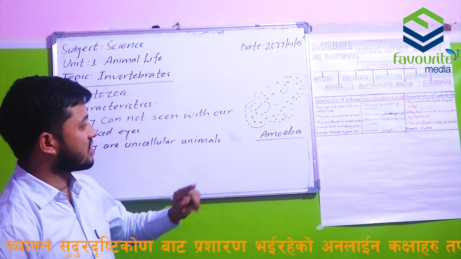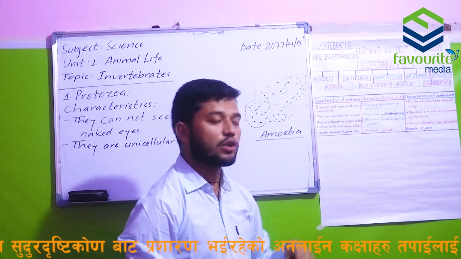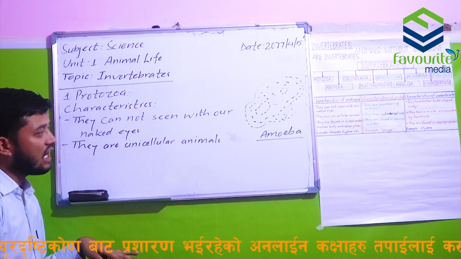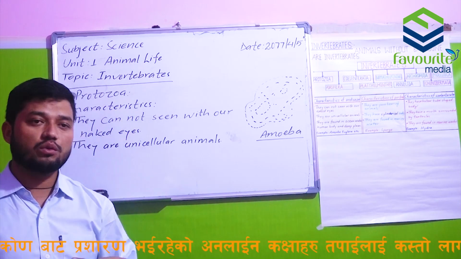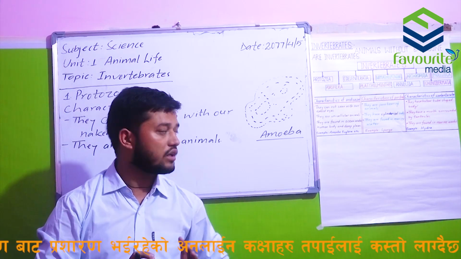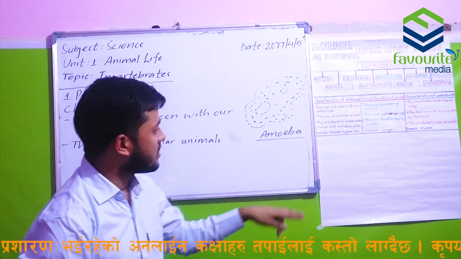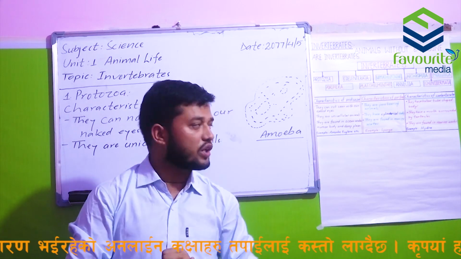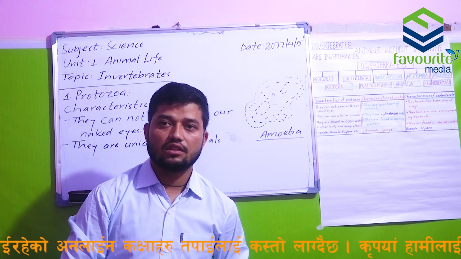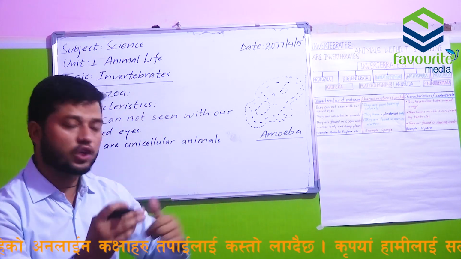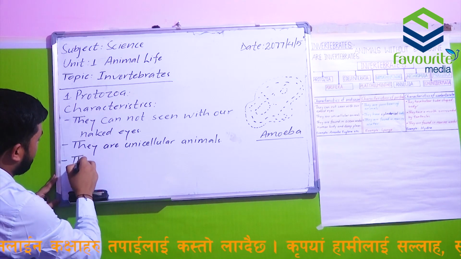Another characteristic: they are found in ocean water, the human body and damp places. Protozoa can be found in ocean water. Ocean is the huge mass of water. It is also found inside the human body, and in damp places. Protozoans can be found in the human body and damp places.